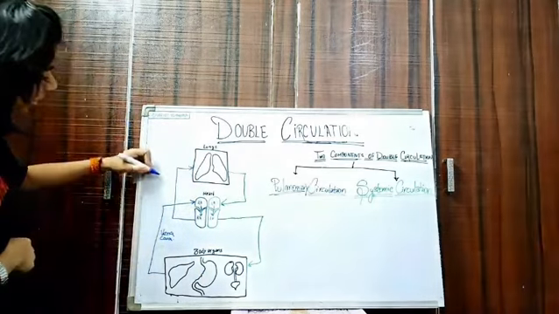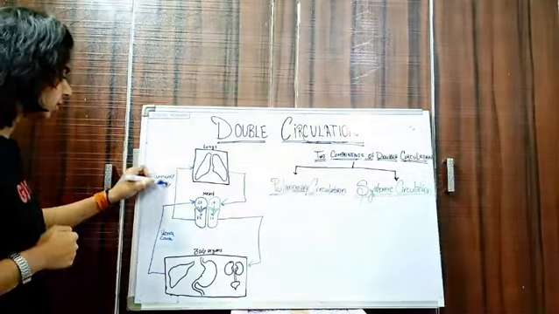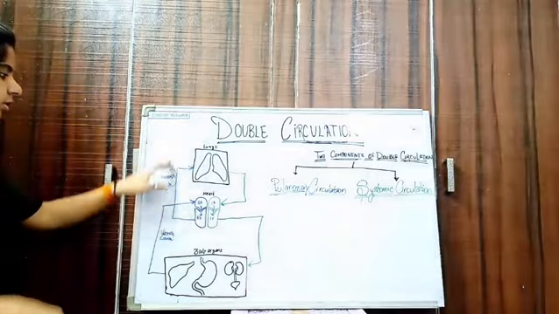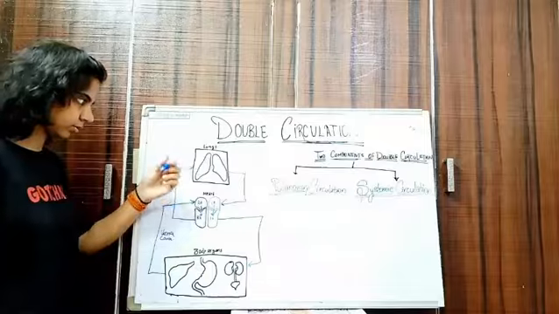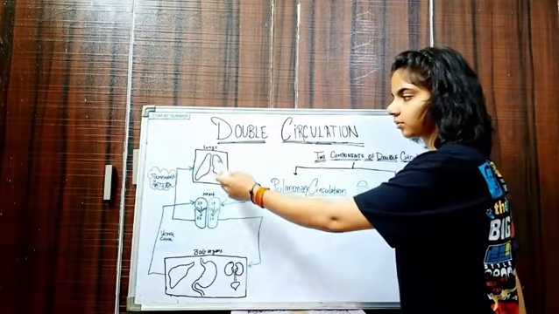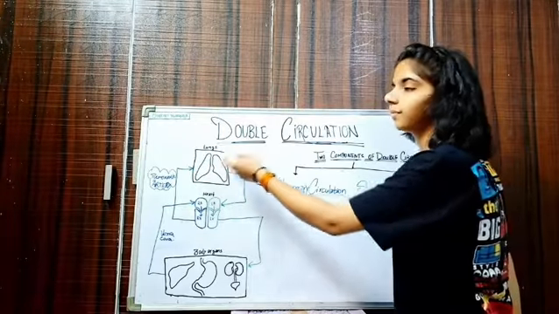Right? So here it is the pulmonary artery that carries deoxygenated blood from the right ventricle to the lungs. Now, the blood has reached the lungs, deoxygenated blood through the pulmonary artery from the right ventricle.